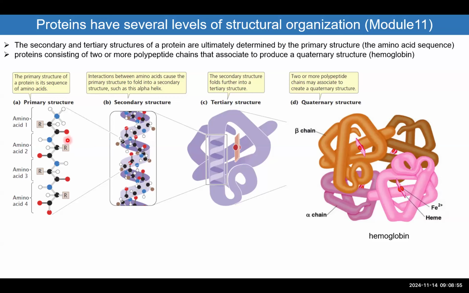Obviously, the R, which is the chain that is added on different amino acids, could be positively charged or negatively charged, and that would create different stoichiometry of repelling those molecules from each other or attracting them to each other, and therefore you start generating those secondary and tertiary structures.